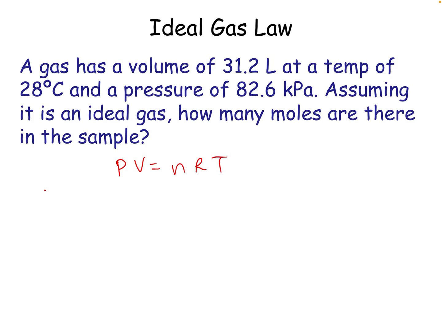Our pressure is given in kilopascals, which means we need to remember that for our R value. Our volume is 31.2 liters. We're looking for moles, that's n. Our R value, if it's the kilopascal one, is 8.31 kilopascal liters over moles Kelvin. And then 28 degrees Celsius is 301 Kelvin.